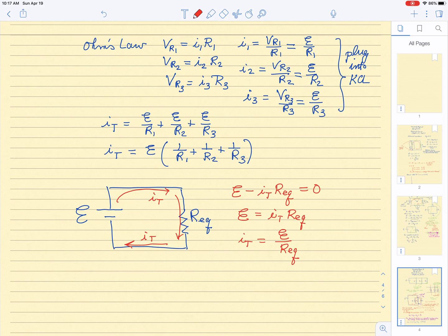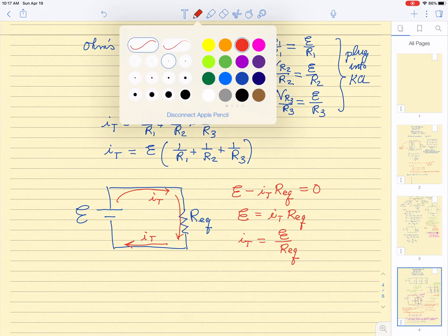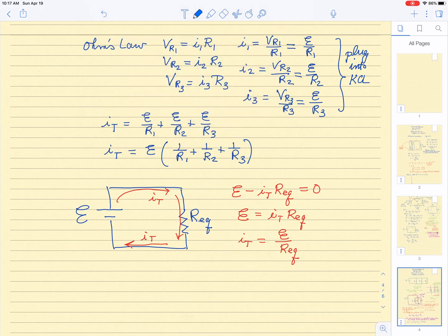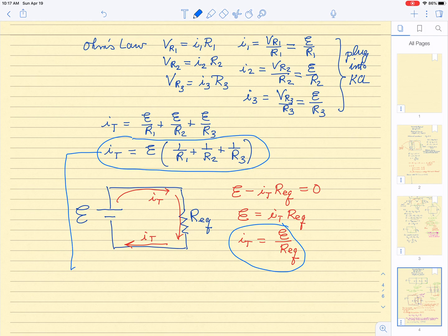So now if we look at these two equations, this one and this one, if this is equal to IT and that's equal to IT, then they better be equal to each other. So we have E over R equivalent is equal to E times 1 over R1 plus 1 over R2 plus 1 over R3.